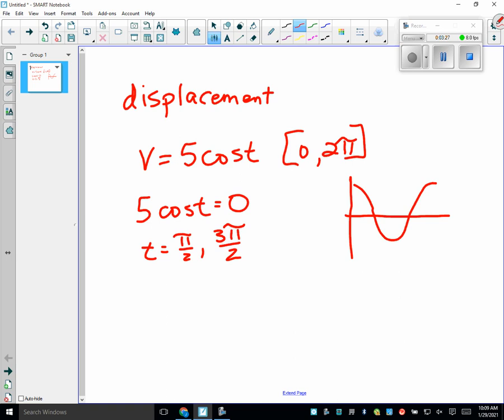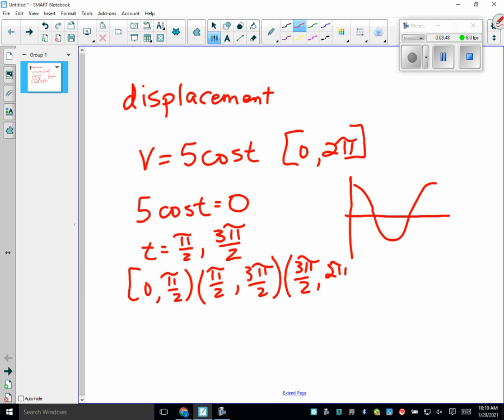So when I want to find right and left, I'm going to set up my intervals, just like we have in the past. 0 to pi over 2, pi over 2 to 3 pi over 2, and 3 pi over 2 to 2 pi.